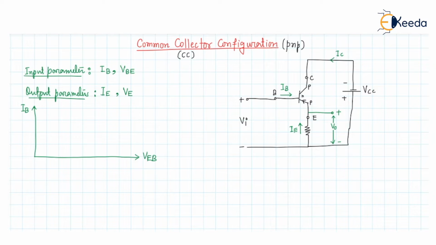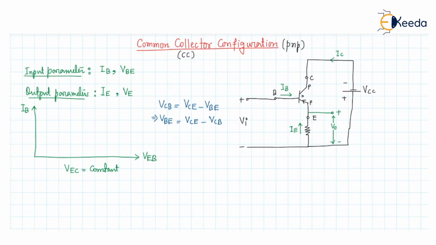Now we know that for these input characteristics, the VEC value must be constant. For finding the input characteristics, we can write that the VCB value can be written as VCE minus VBE, and VBE can be written further in terms of VCE.